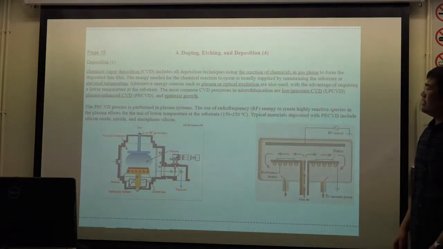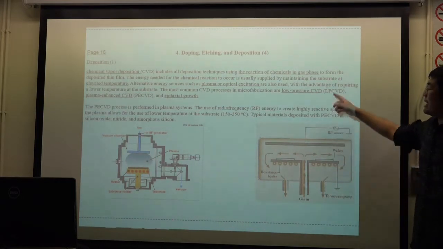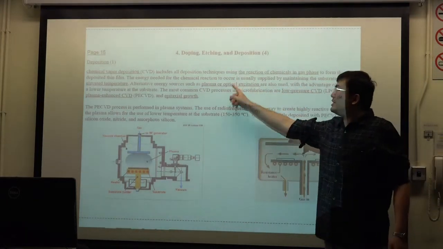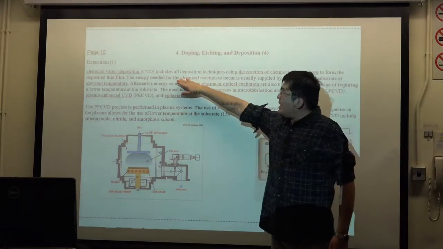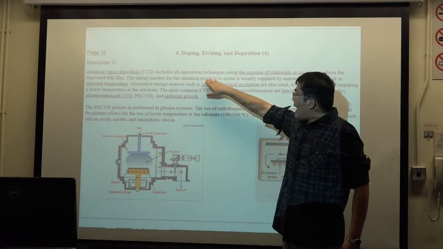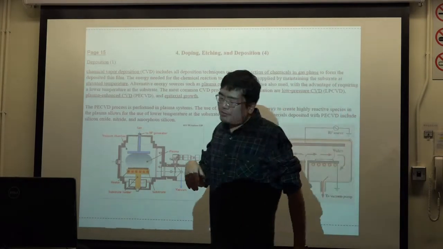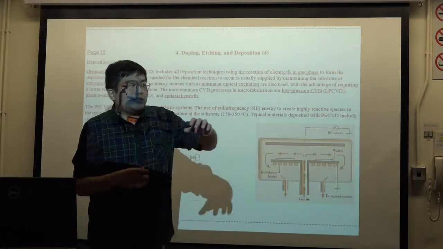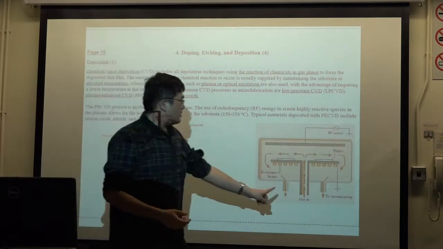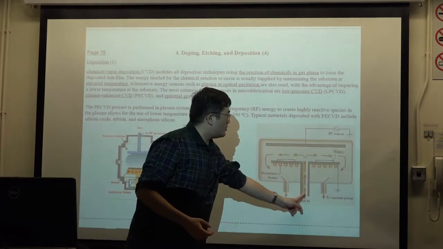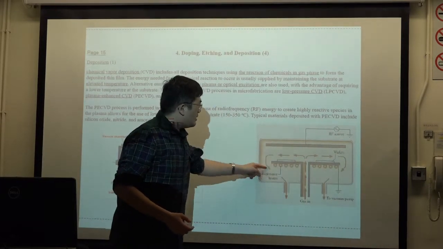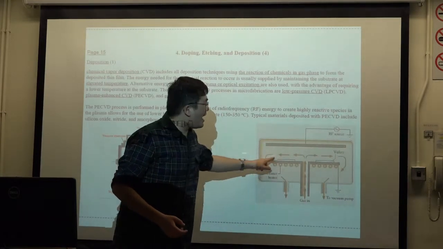Another option is to use plasma or optical excitation, because the chemical reaction needs to be maintained by the substrate at a high temperature. First, you must use gas, which is some material. It goes here and must be heated up to a very high temperature.